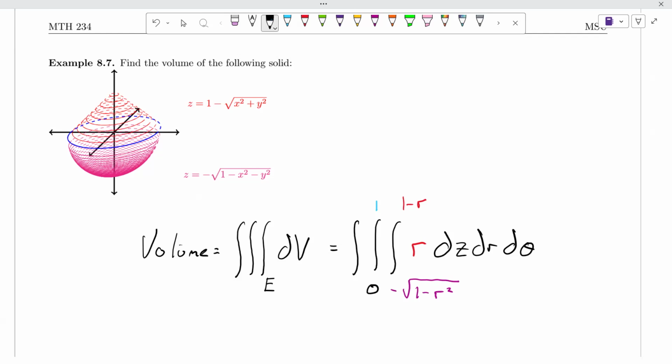And we're going all the way around the coordinate space, so theta is from 0 to 2 pi. I'm sure I've mentioned it before, but it's worth repeating. Your default assumption for theta limits should be just 0 to 2 pi. So start by thinking 0 to 2 pi, and if you can't think of any reason not to do that, leave it as is.